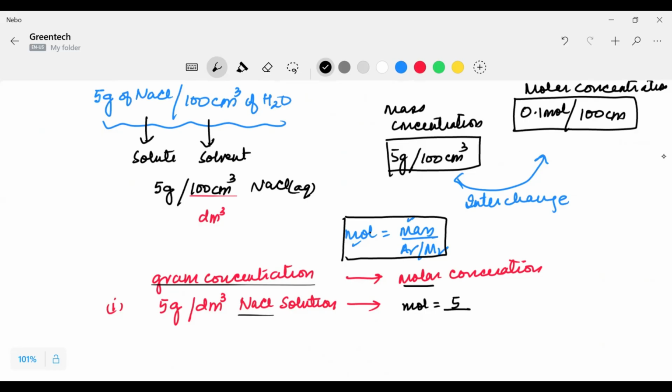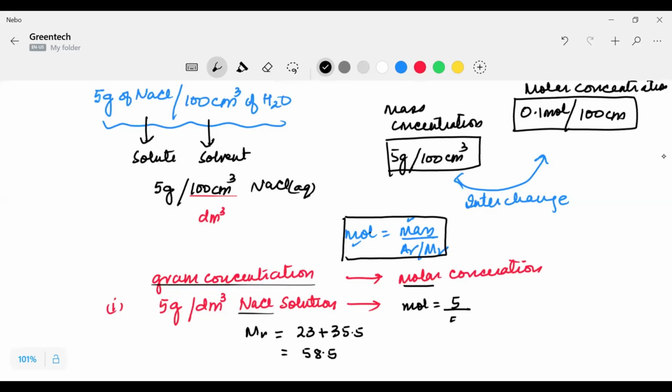Now I hope you all are sitting with your periodic table, because molar calculations we cannot do without having a periodic table and the calculator in front of us. Do you have the periodic table? So let's have the MR of NaCl. Come on, quickly calculate. Sodium is 23 and chlorine is 35.5. So MR is 58.5?